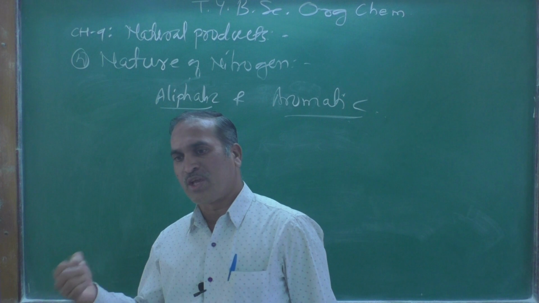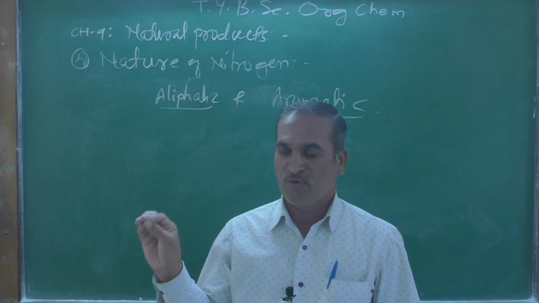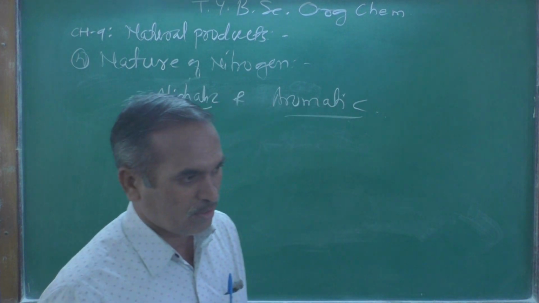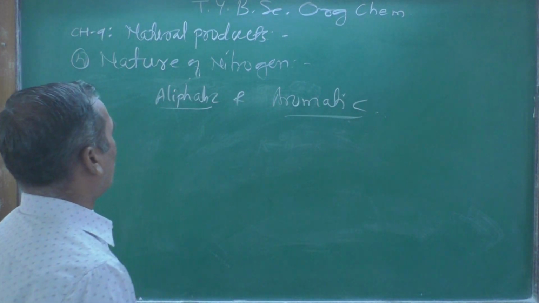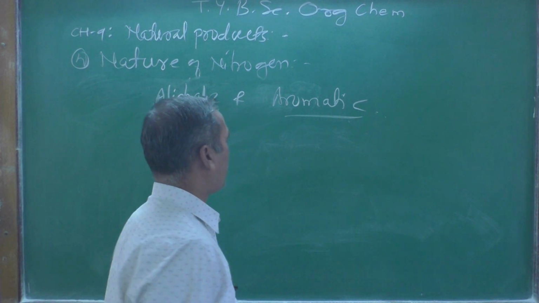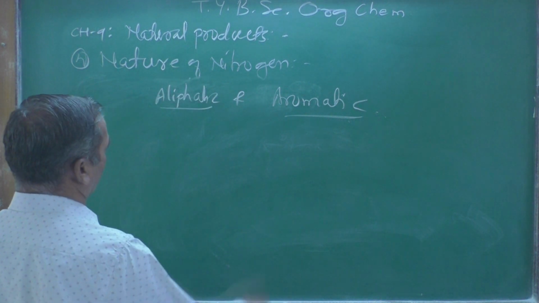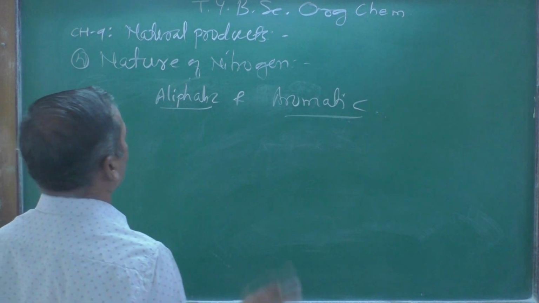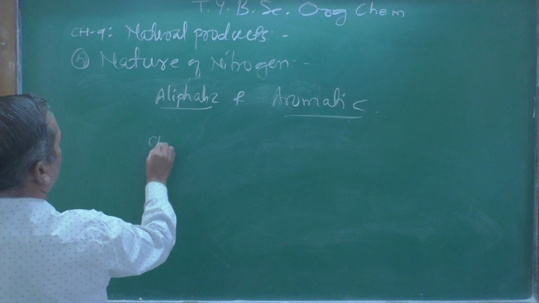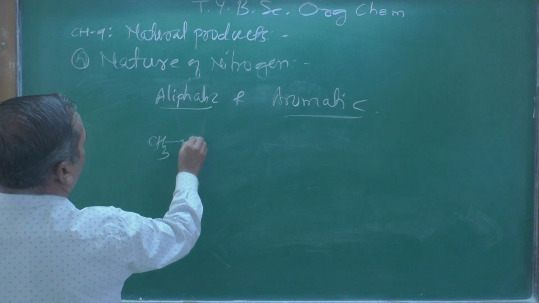This is a very quick method for the identification of aliphatic and aromatic compounds, but chemically, is there another way to distinguish aliphatic and aromatic amines? We are talking about amines only. Let us see here CH3NH2.